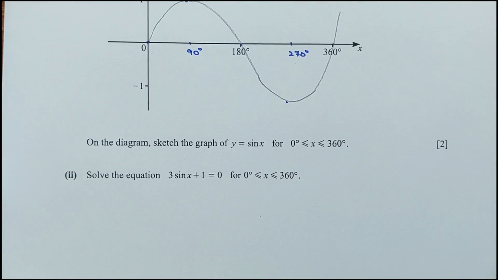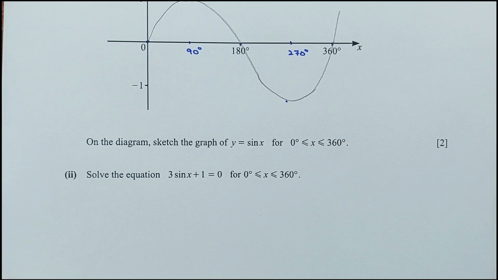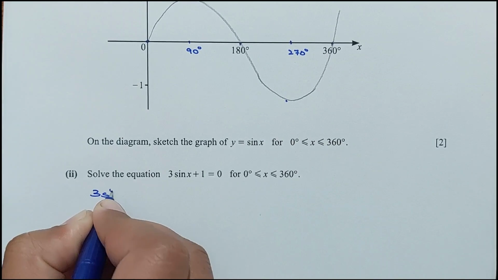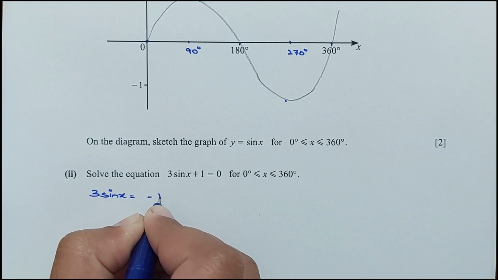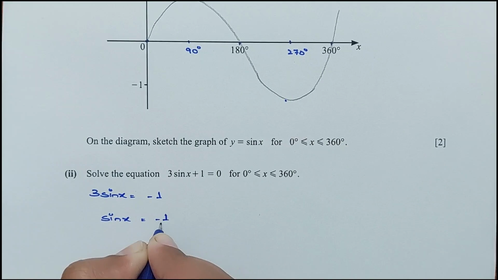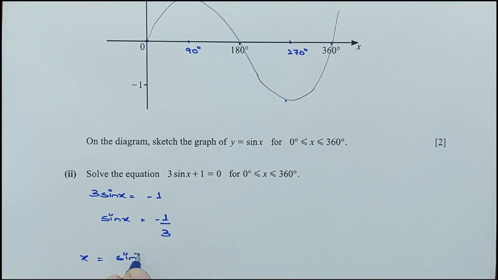Now for the second part, solve the equation for x between 0 and 360 degrees. So 3 sine x equals negative 1, and sine x equals negative 1 over 3. We have to solve for x by doing sine inverse of 1 over 3, in degrees.